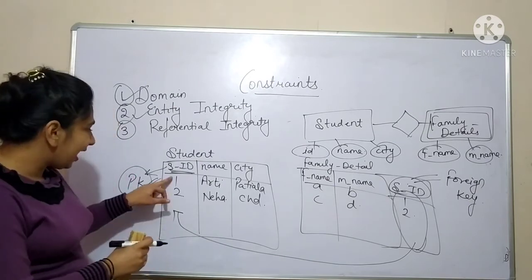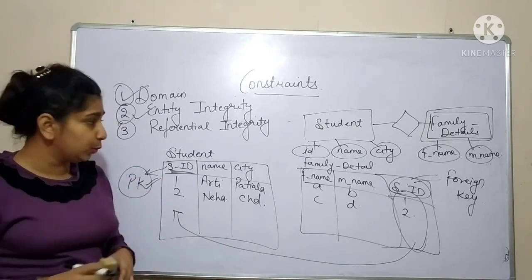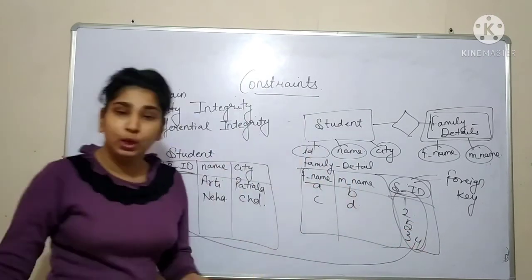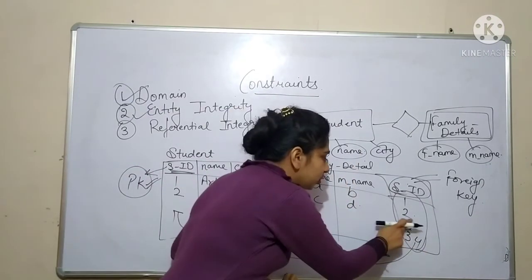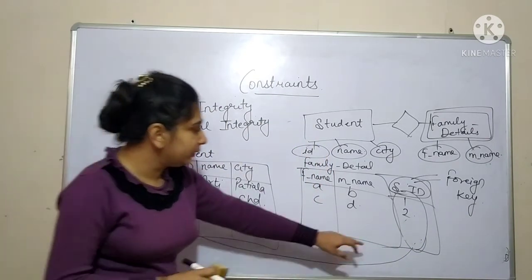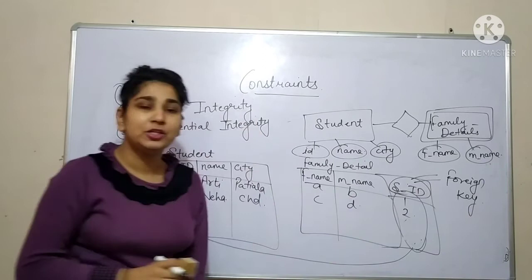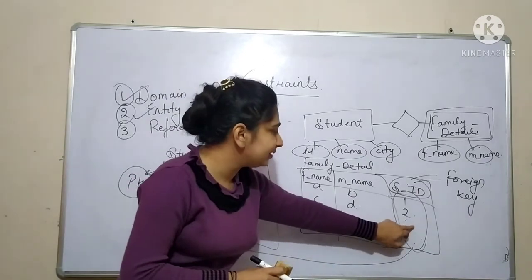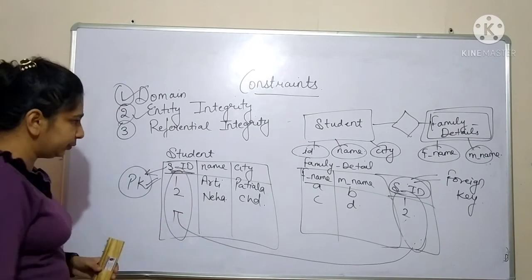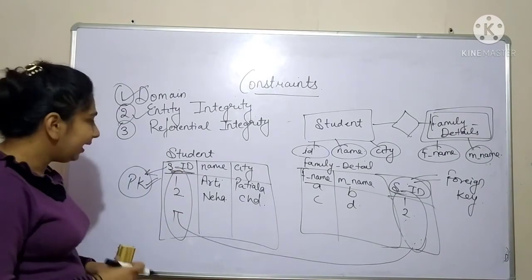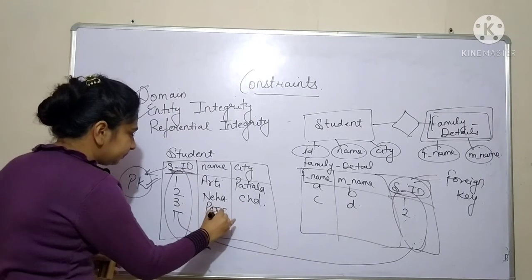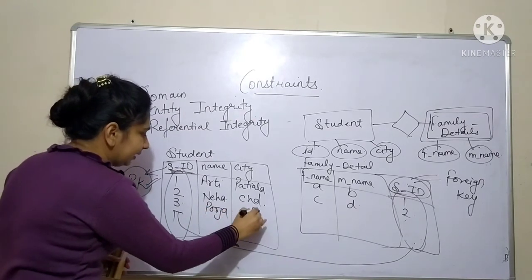Let's suppose we have student ID as 1 and 2. You can't store here 5, 3, 4. No, we can't store values like this. All the values present in this column would be from these values. Now let's suppose we have a third student, Pooja, from Delhi.